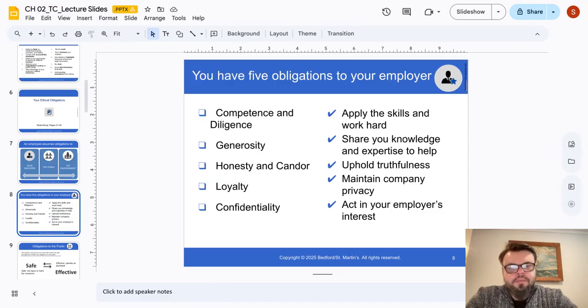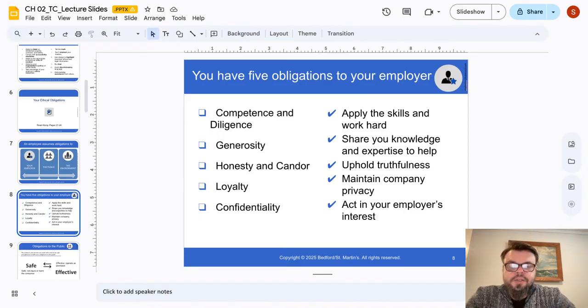Sensitive information about products, finances, or personnel must be protected because misuse can cause real harm. Finally, there is loyalty. Loyalty means acting in your employer's interest, but not at the cost of ethical behavior. When organizations act unethically, employees may have an obligation to challenge that behavior rather than protect it.